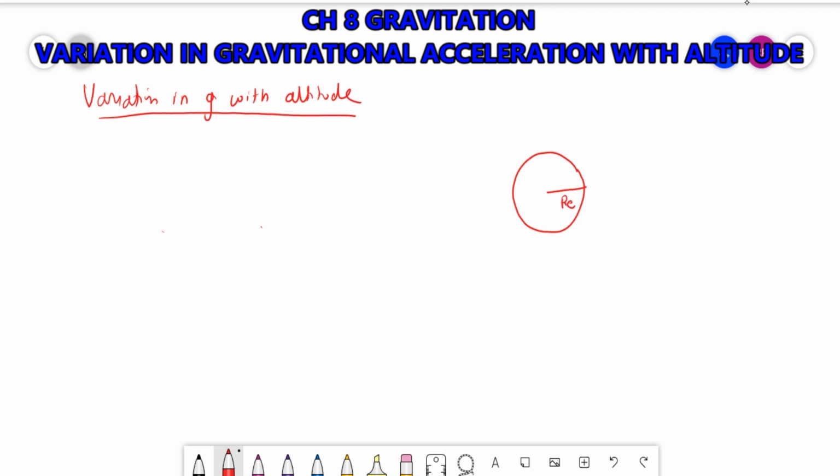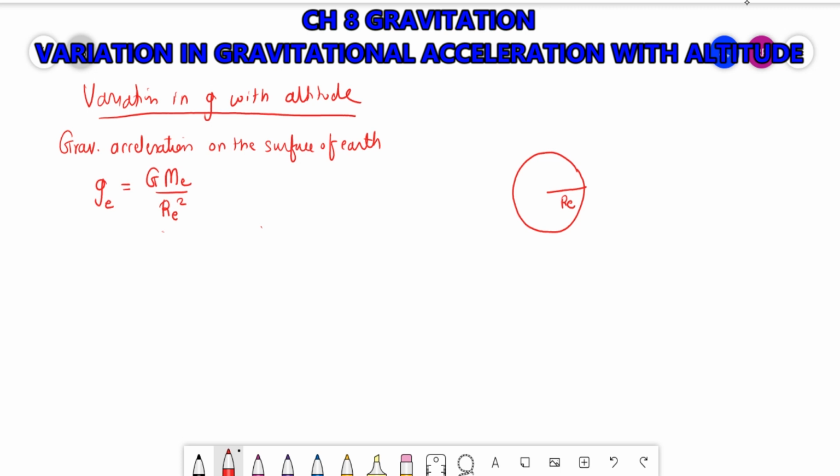The gravitational acceleration on the surface of Earth is equal to GE, that is on the surface of Earth, equal to G ME upon RE square, where ME is the mass of the Earth, RE is the radius of the Earth, and G is the gravitational constant. GE is the gravitational acceleration.